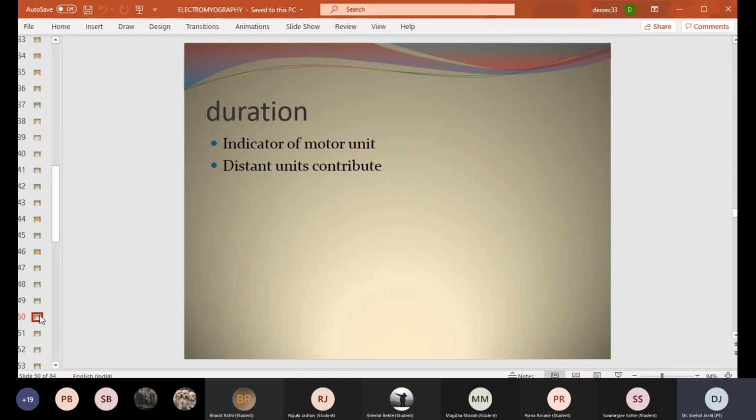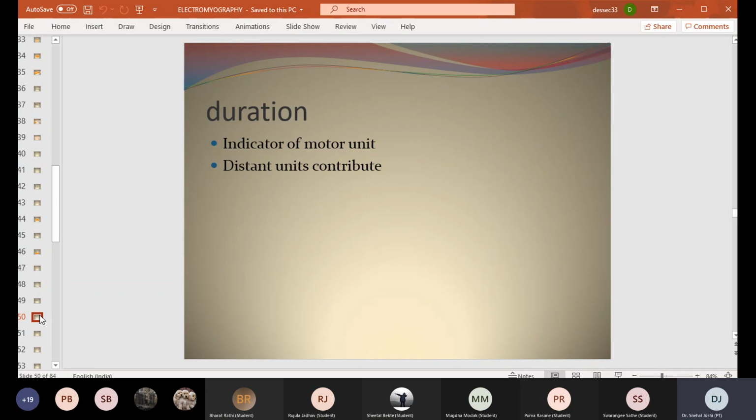Duration, I had talked about it, is about the synchrony. So the duration is going to be less, because there are less number of muscle fibers in case of myopathies. The motor unit is going to be smaller, meaning the neuron is intact, axon is intact, the nerve is going to be intact, but the number of muscle fibers itself are less.